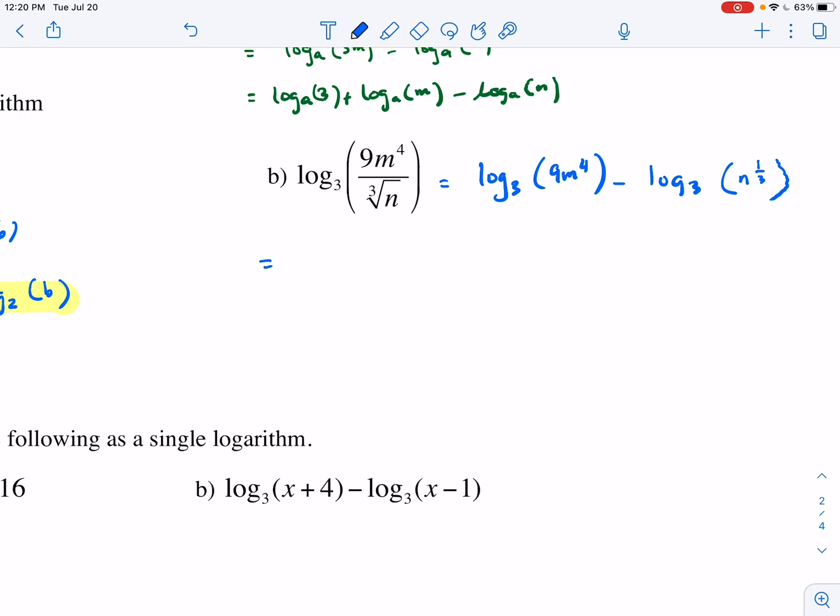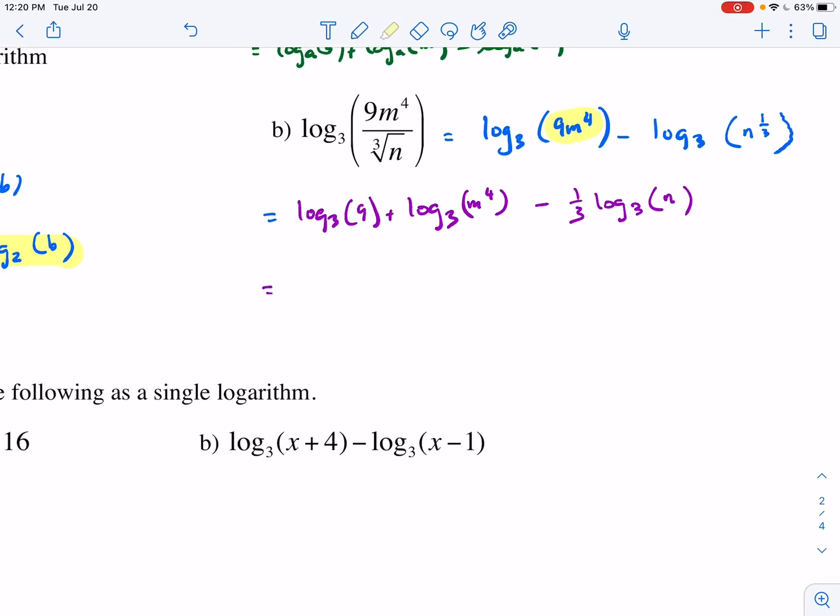And then furthermore, each of these log terms we can expand even further. Like this one, you have a product and a power within the argument. So I would apply the product rule next, and I'm going to say log base 3 of 9 plus log base 3 of m to the 4th. Over here, 1/3 comes out to the front using the power rule of logarithm. This here we can even simplify.